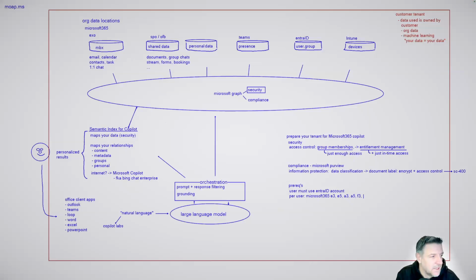And for small businesses, you must have Microsoft 365 Business Premium, and Business Standard is also going to be supported for Copilot. At this point, unfortunately, an organization is only allowed to start working with Copilot if you have at least 300 E3 or E5 licenses.